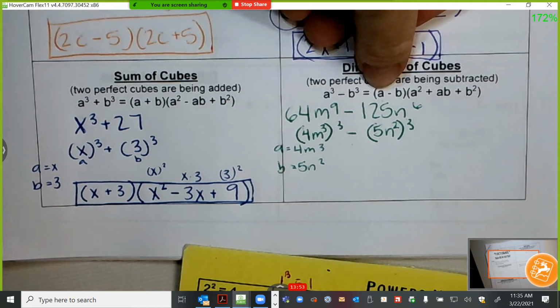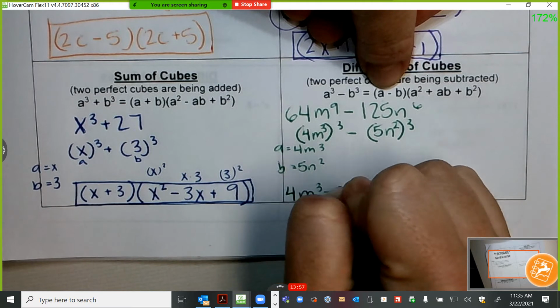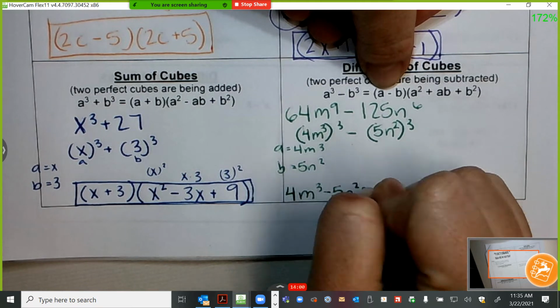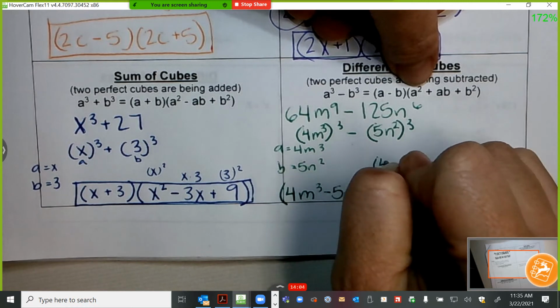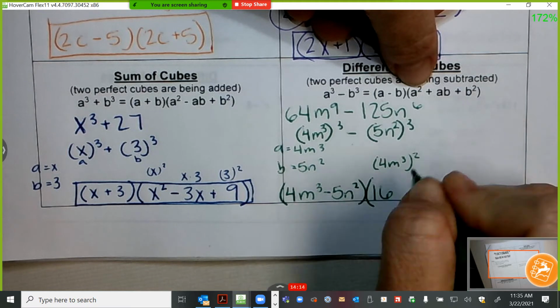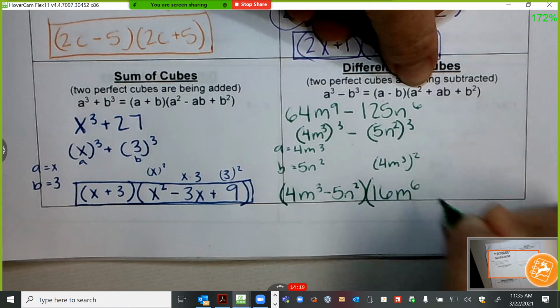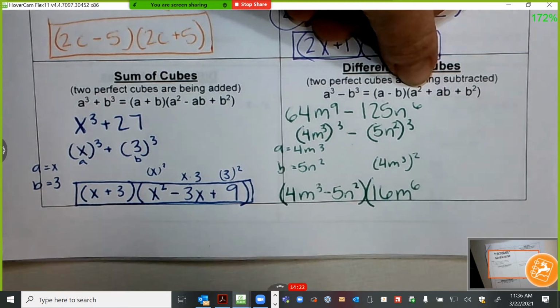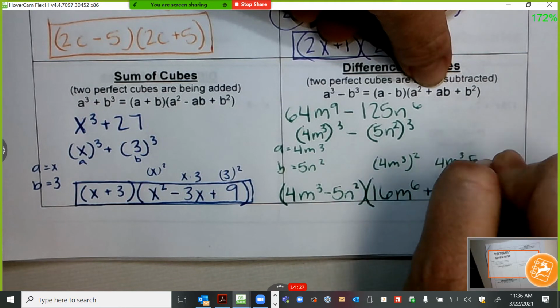So we're going to follow our formula. A minus B, so 4m cubed minus 5n squared. And then A squared would be 4m cubed squared. Now, what is 4 squared? And then m cubed squared, well, what's 3 times 2? So there's an m to the 6th. Plus a times b, well, that's 4m cubed times 5n squared.